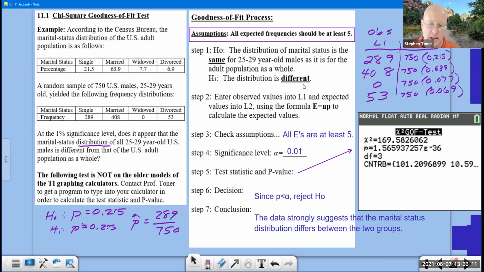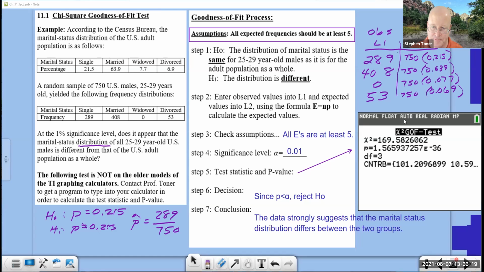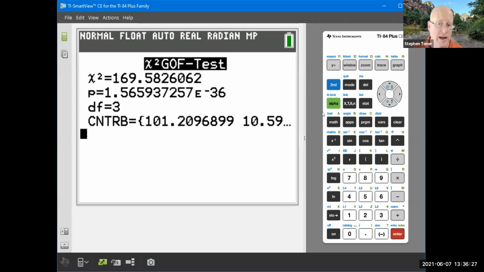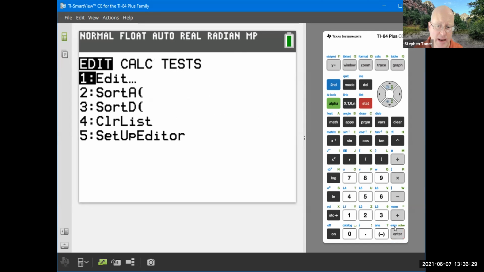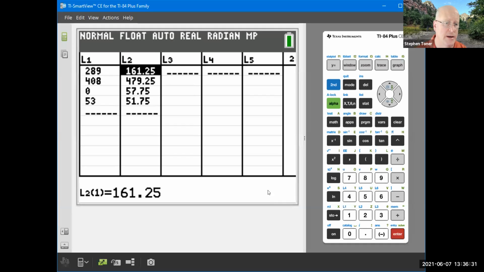Okay, let's take a little bit more of a look at what this goodness of fit is, yet again looking at the data we've typed in. I meant to show you the calculator screen again, and that's where we had these values. But let's go back in and look at what we did here. We are looking at these numbers and we're saying, are these pretty much a match or not?